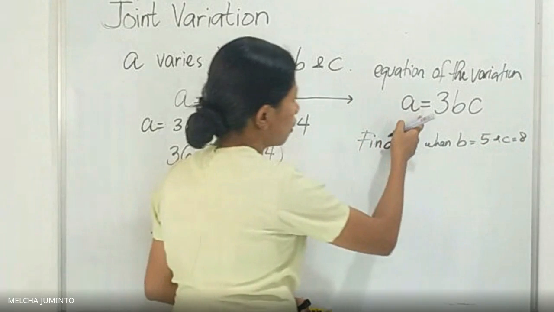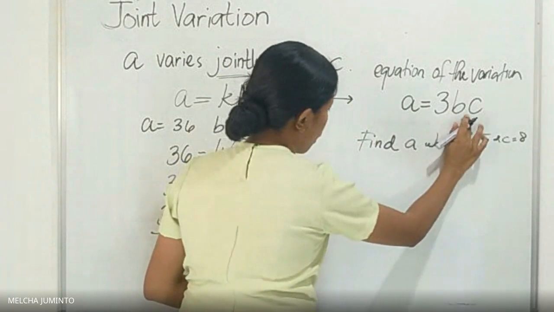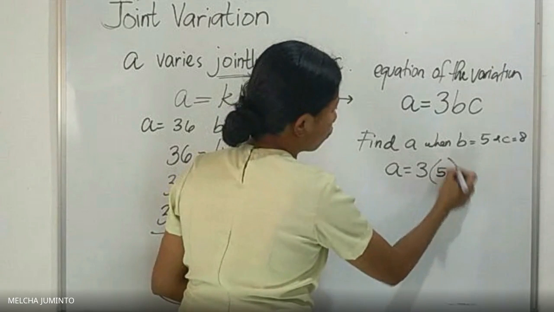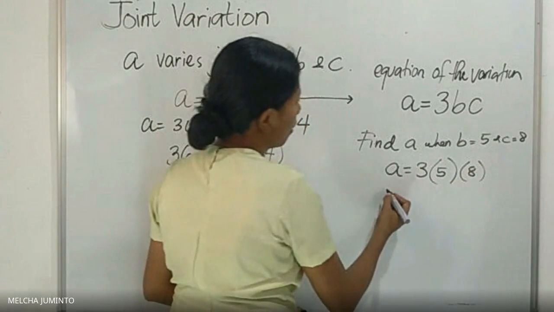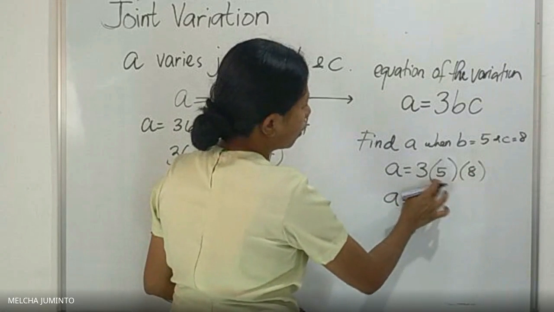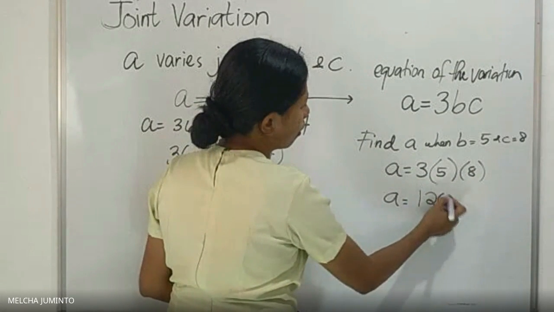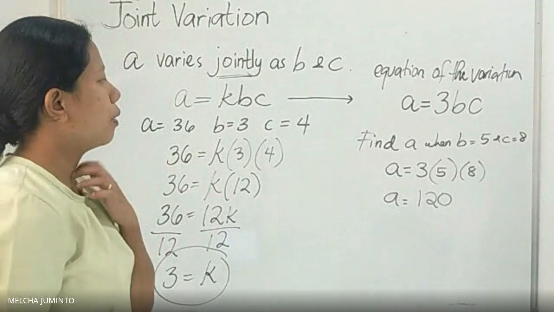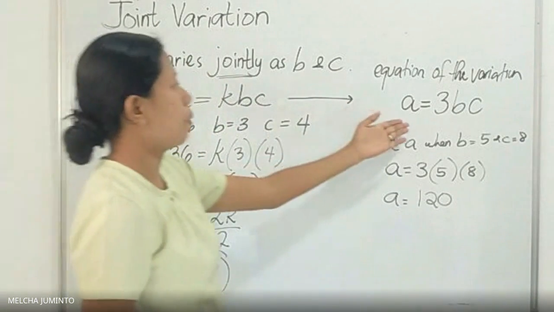We can now easily find A because we have now the equation. So you simply write A equals 3 times 5 times 8. We have 40 times 3, 120. So we have now the answer. A equals 120 if we need to find the value of A after getting the equation of variation.